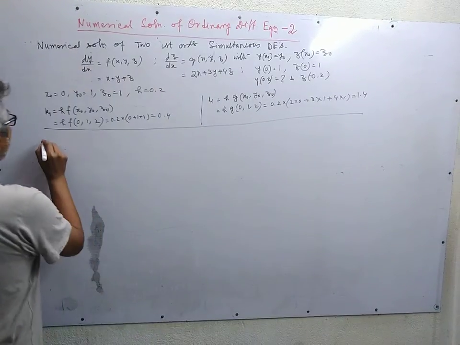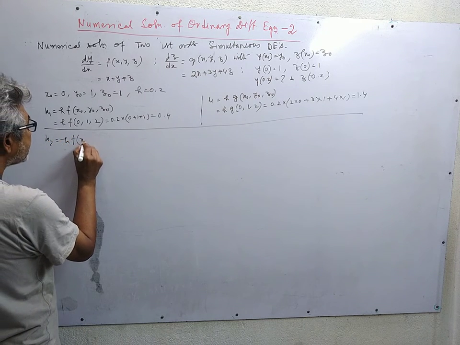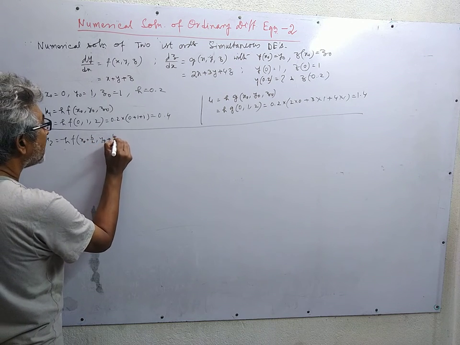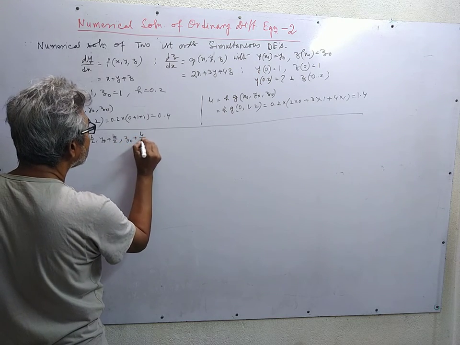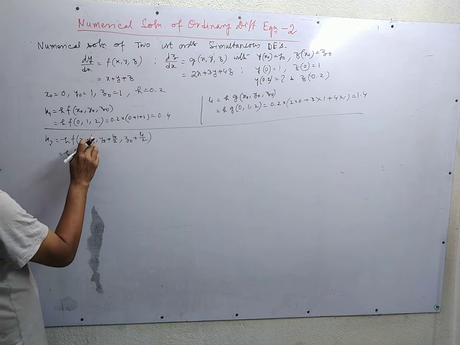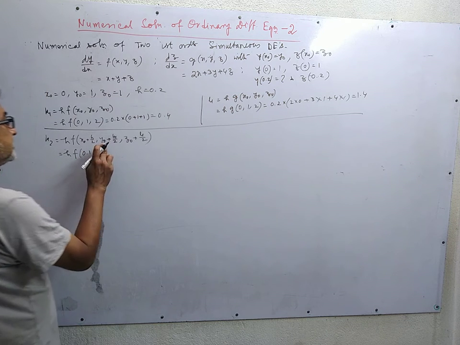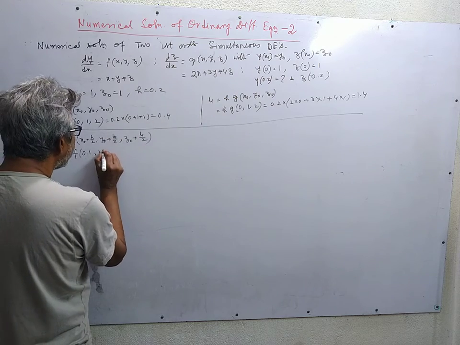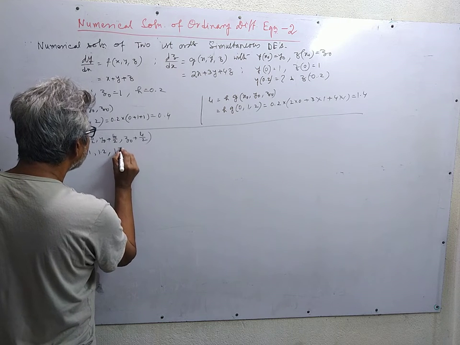Now come to K2 evaluation. K2 is h, f of x0 plus h by 2, y0 plus k1 by 2, z0 plus l1 by 2. So this is h, x0 is 0 and h is 0.2, so this is 0.1, y0 is 1 and k1 is this, so this is 1.3 and this is 3.1.